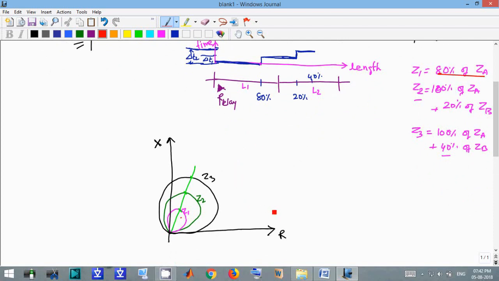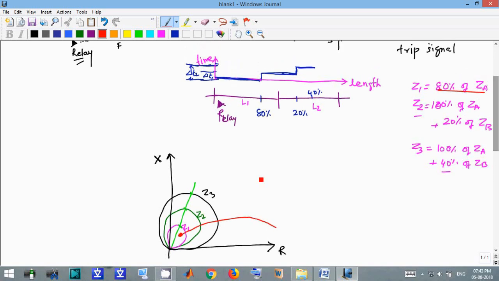So if we see the apparent impedance curve, it will go like this and go inside zone 1. If no fault occurs, the apparent impedance is beyond these three circles, but in case of a fault, the apparent impedance will move inside zone 1, in this case of 70%. Up to 80%, any fault will go inside zone 1.